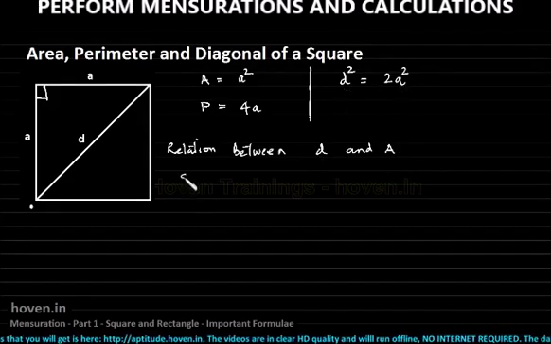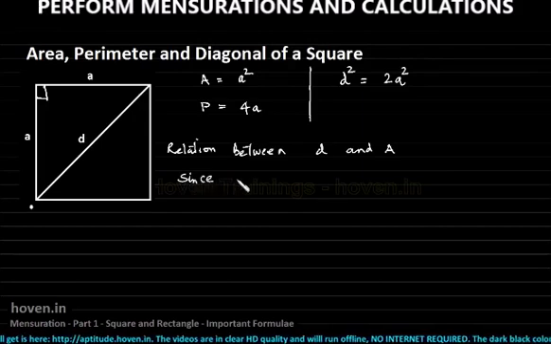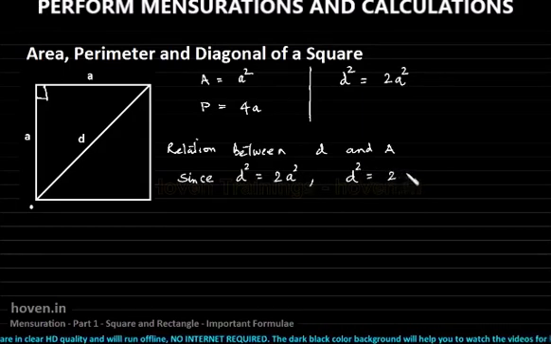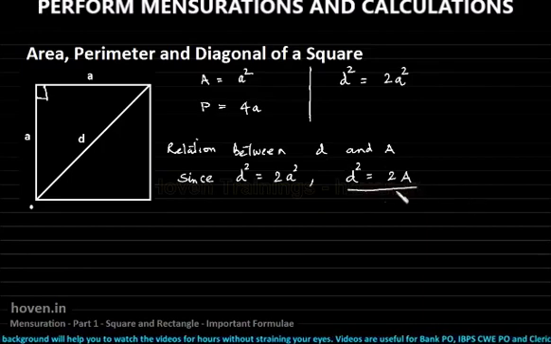Since D square is equal to 2A square, we can obtain D square is equal to 2 into A, because A square is known to be equal to the area. Therefore the relation between D and A is D square is equal to 2A. So, this is the relation between the diagonal and area of a square.